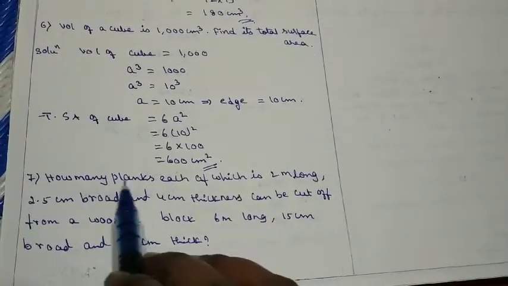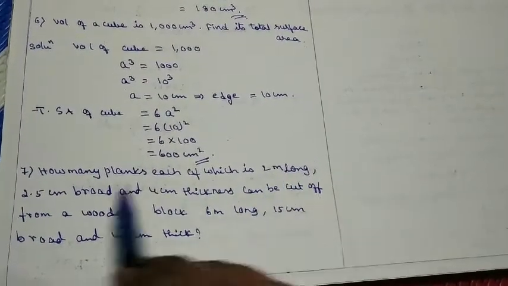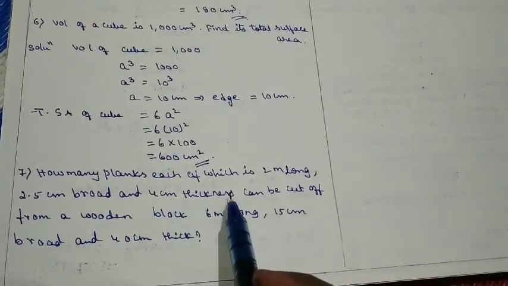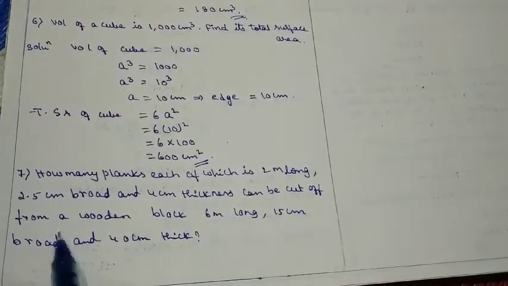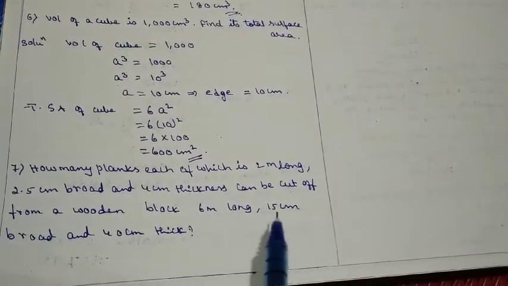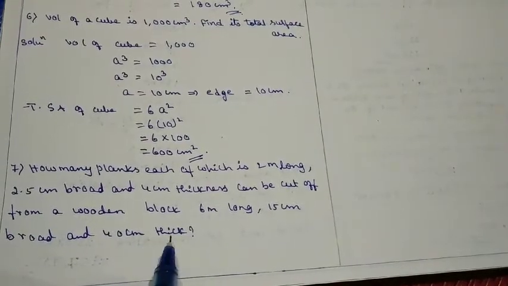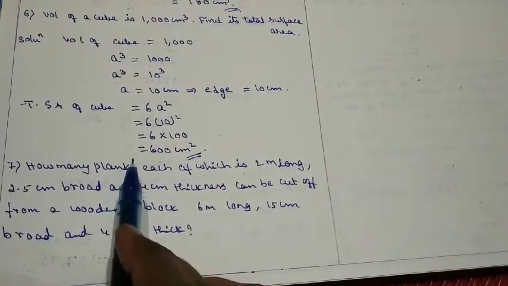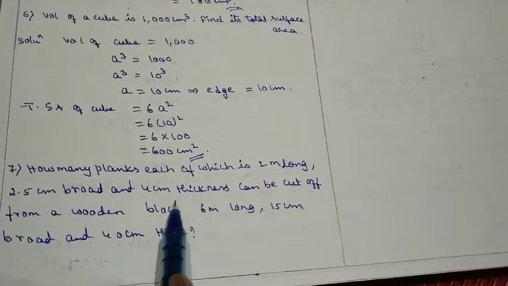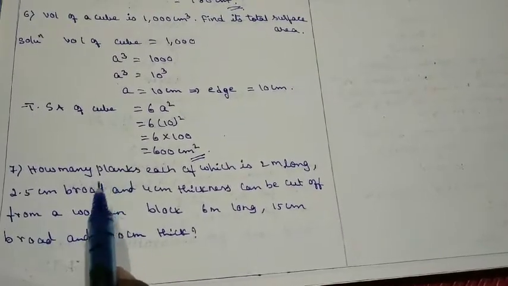How many planks, each of which is 2 meters long, 2.5 centimeters broad and 4 centimeters thick, can be cut from a wooden block 6 meters long, 15 centimeters broad and 40 centimeters thick? Here the planks are cut from the wooden block, which means the volume of the wooden block is greater than the volume of each plank.